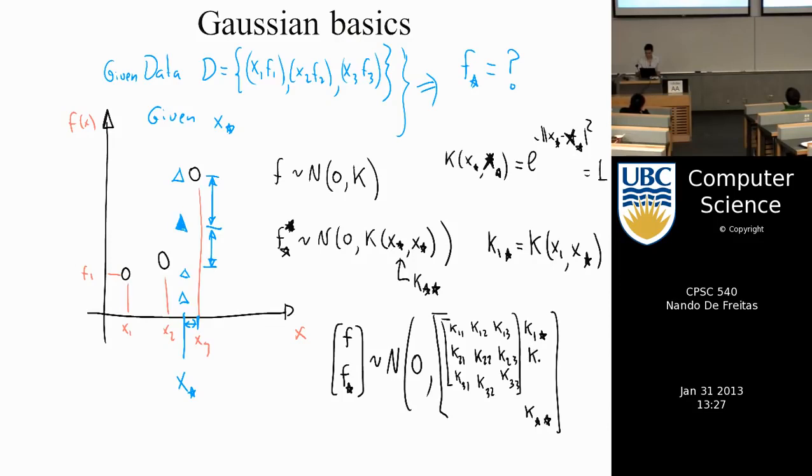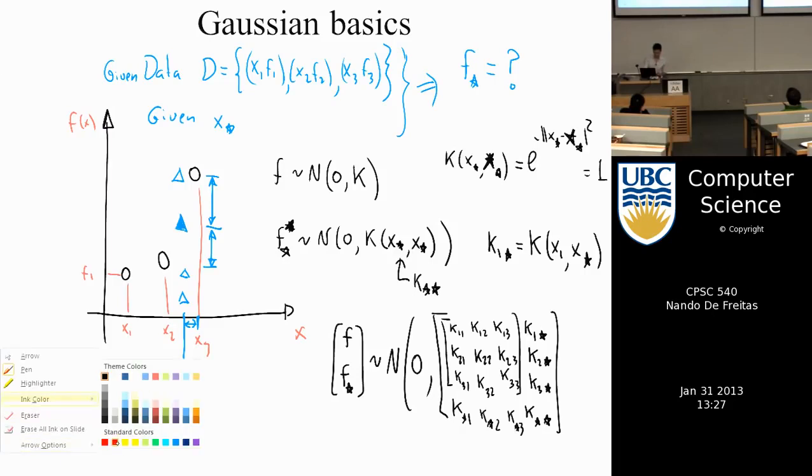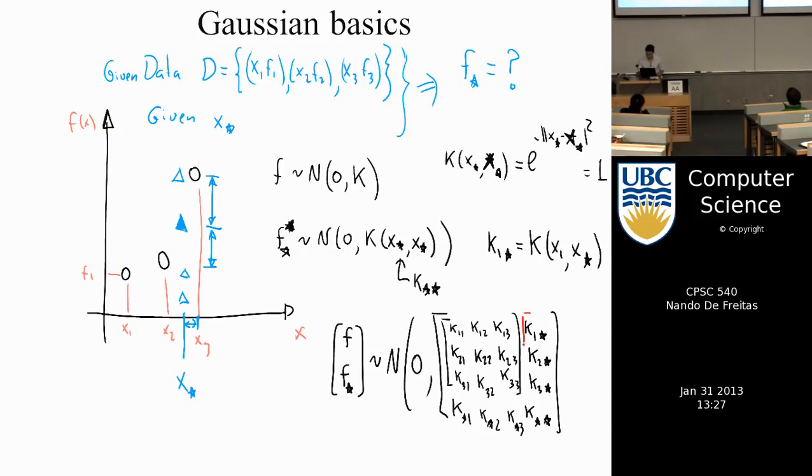So I would have k2*, k3*, and here I have the transpose, which is k*1, k*2, k*3. I'm going to group this block.